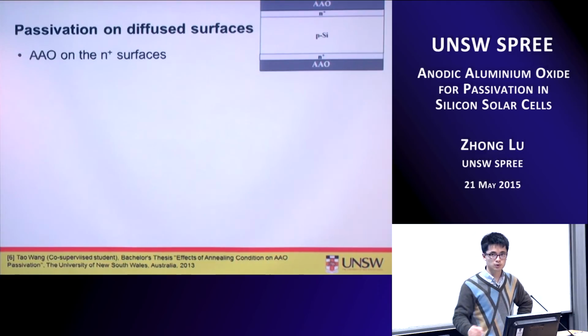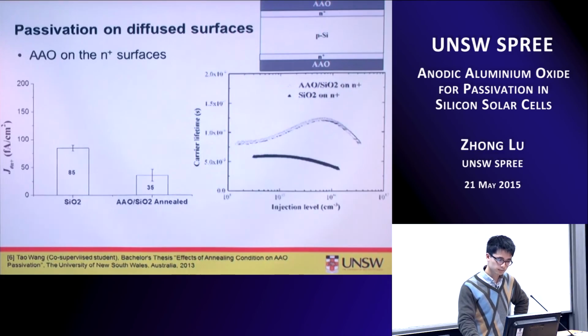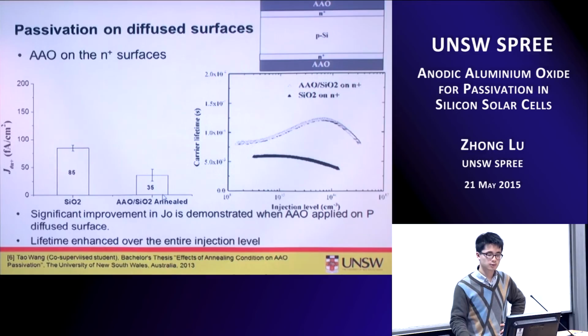This is a symmetrical structure used to extract the surface recombination velocity, or J0. Before anodization, the J0 value is 85 on average, and after anodization, it is reduced quite a lot, which means you have enhanced surface passivation on this type of structure.